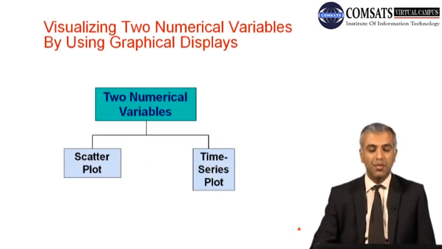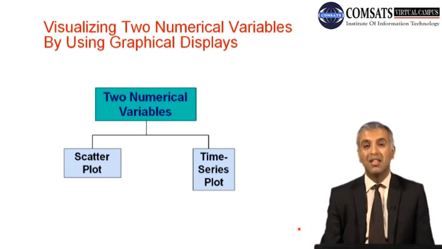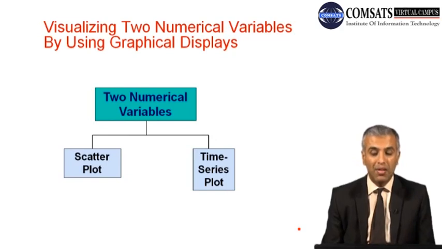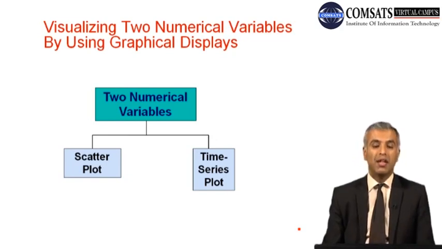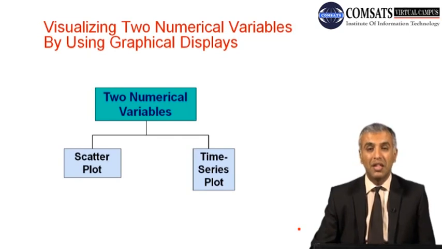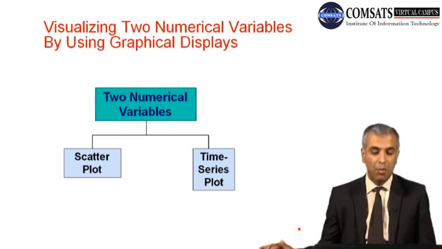Then coming to the next slide, the most important tools which should be considered are the scatter plot and the time series plot. They are important when we are trying to assess the association of variables, or to find out how the data has moved from time to time, when we are specifically looking at time series plotting.